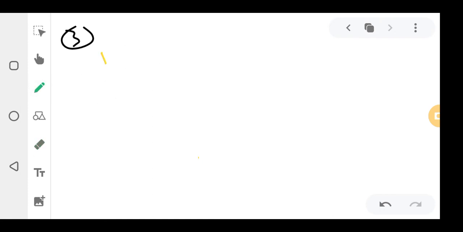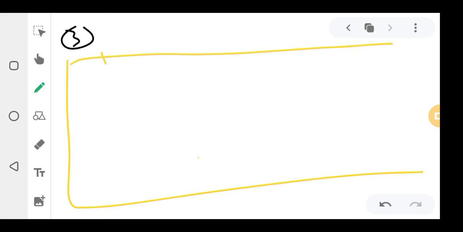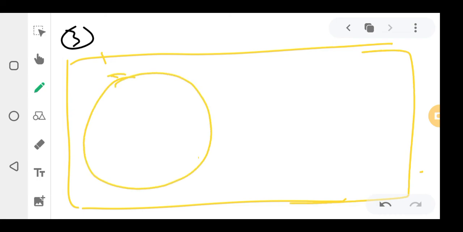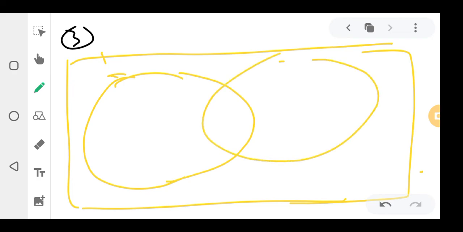So if, for example, the diagram is like this, so this is our diagram. There is this, and it goes like that, and then there is another one there, and then another one down here.